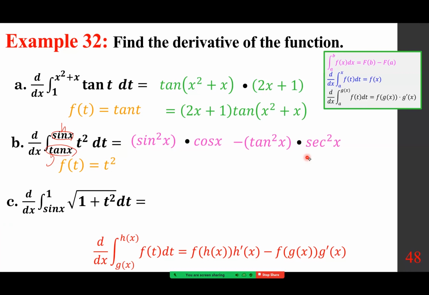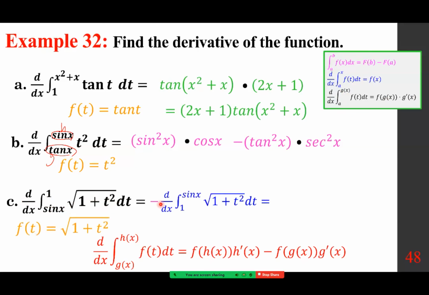Finally, here's the case, and you remember that we have this formula when the bottom is a number and the top is a function. It's the other way around. So we are going to write this as the same thing. We're going to interchange these two limits, and this changes to a negative sign. Remember, f of t is this one, but we are going to put a negative sign, and we're going to take the sine as upper limit and 1 as lower limit.